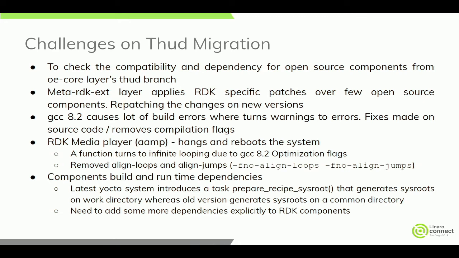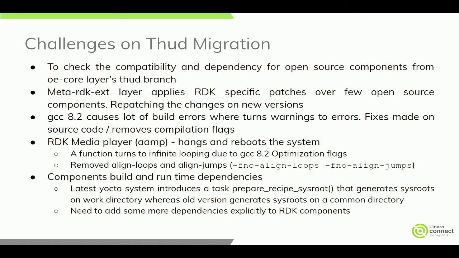And open embedded core with that version gives a toolchain of GCC 8.2. When building the RDK media stack with GCC 8.2, there were a lot of warnings and errors, and those are all fixed here. When porting the RDK media player for HLS streaming and building with GCC 8.2, we faced some issues.